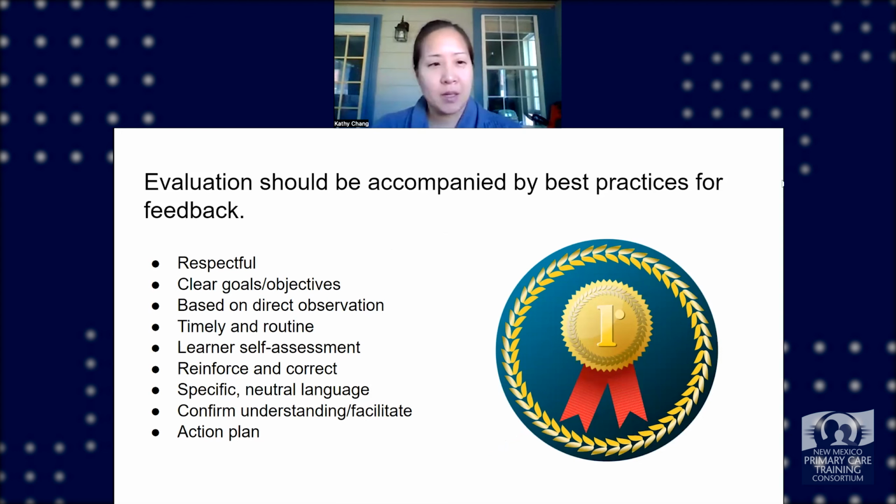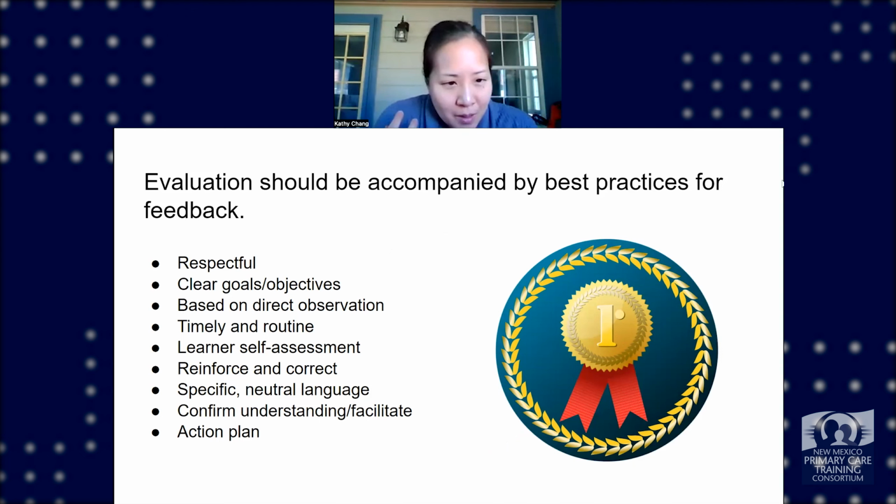And some of these things, I'm sure we've talked about before in other arenas, but it's being respectful, right? Having clear goals and objectives, and it's based on something that we actually observed and have as an example, right? And it's something that we're giving timely. It's something that happens all the time, so it's not that out of the blue now I'm giving you feedback.